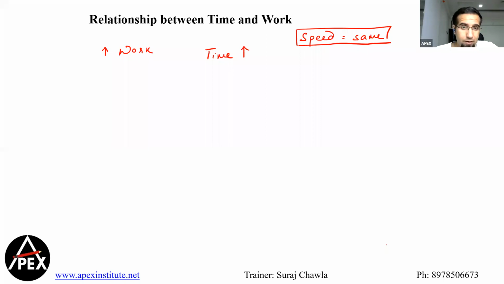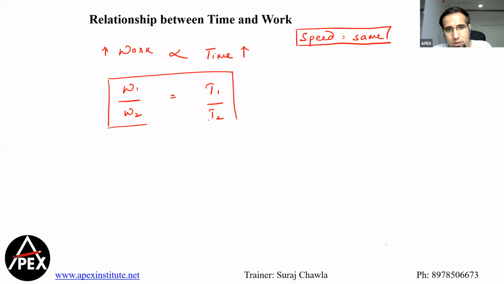So exceptions are there. Therefore, if work increases, time also increases, which means I can say that work and time are directly proportional to each other. Okay, which means W1 by W2 equals T1 by T2. Now, T can be number of days, number of hours, or number of minutes, whatever it is.